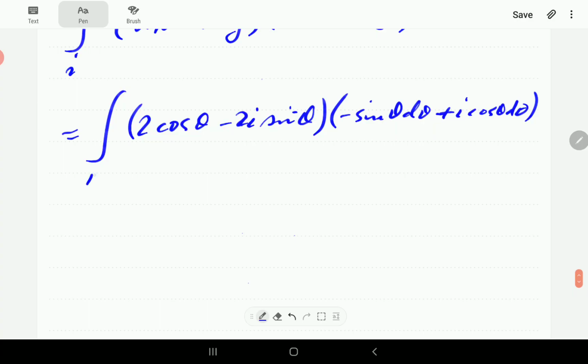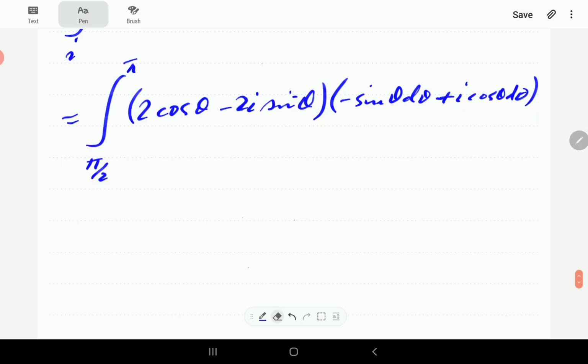We are integrating from theta is pi on 2 to theta is equal to pi. Right now I'm just going to work this out in terms of these trigonometric functions.